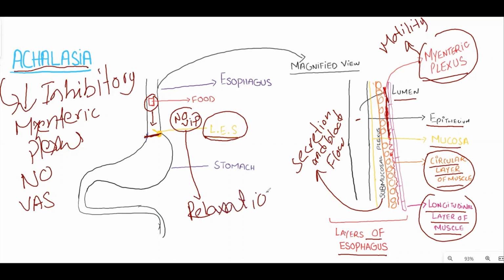These are the neurotransmitters, and food enters the esophagus and then into the stomach. In achalasia, these inhibitory neurons in the myenteric plexus degenerate.